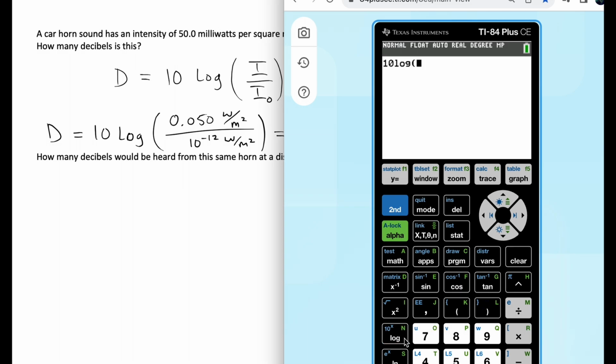Log is a button on the calculator, and we can use the caret to put the minus 12 power on. And that should do it. It's 107 decibels.